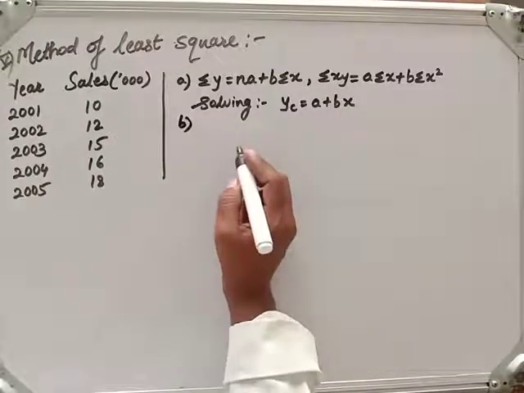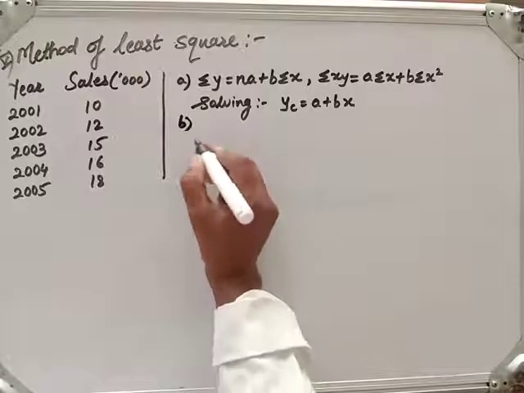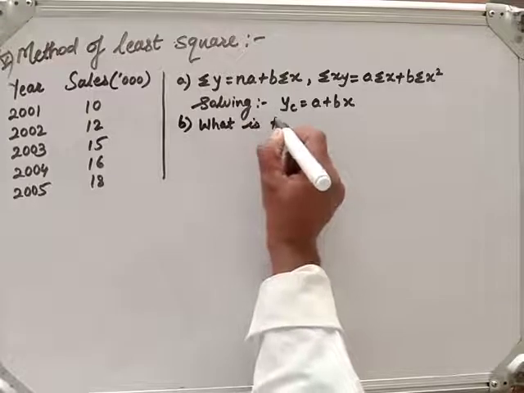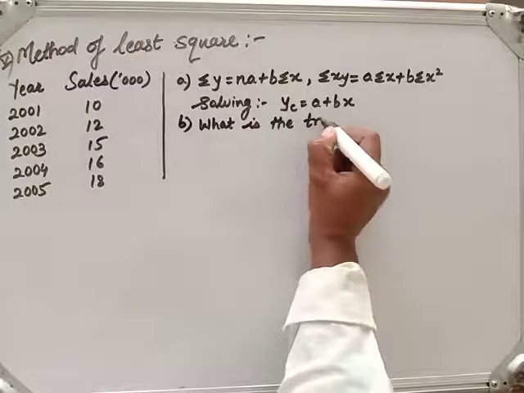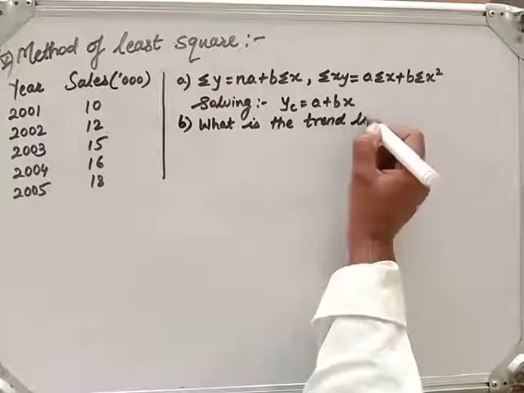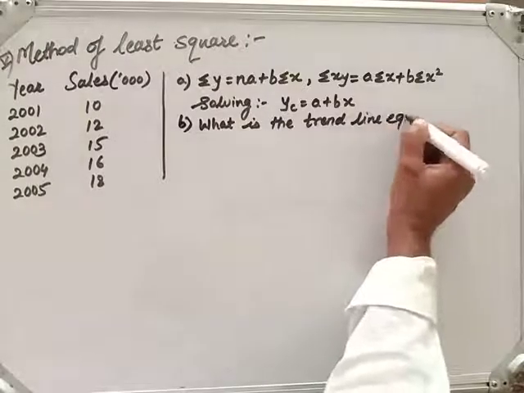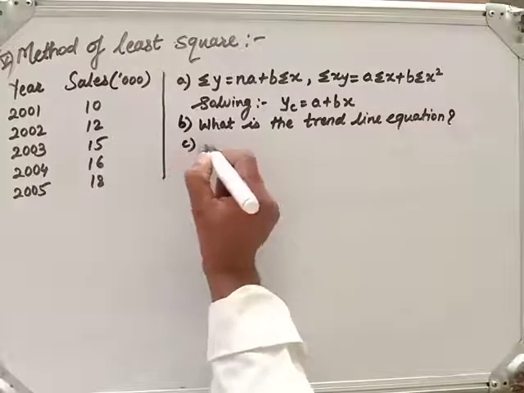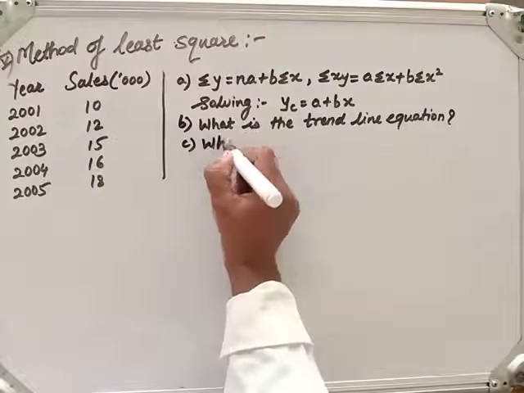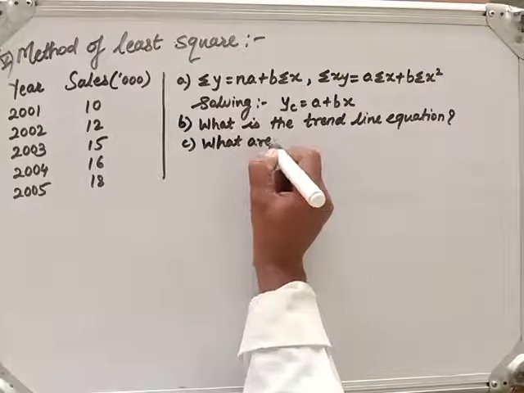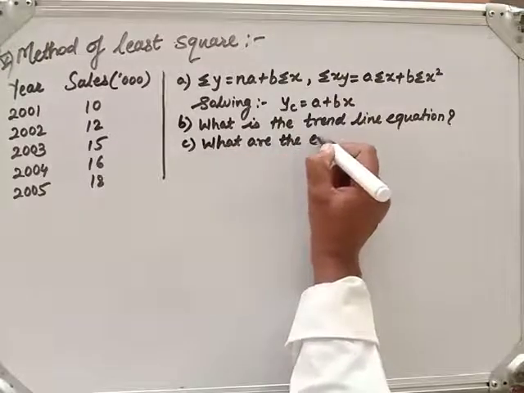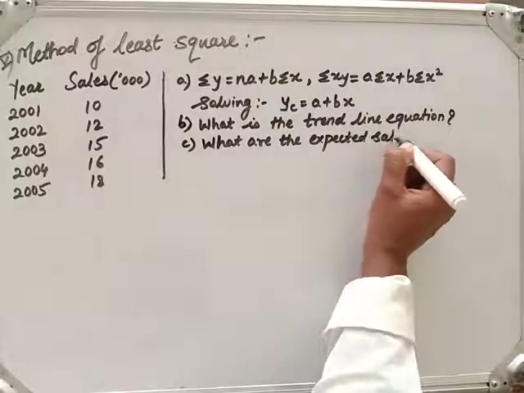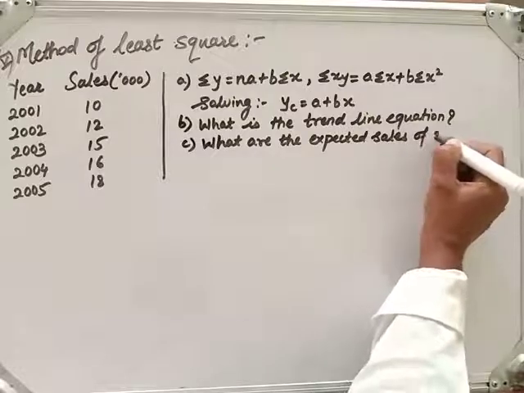Second question is, what is the trend line equation? Already we have determined it in the first part, so we can write it. Third, what are the expected sales of 2009?